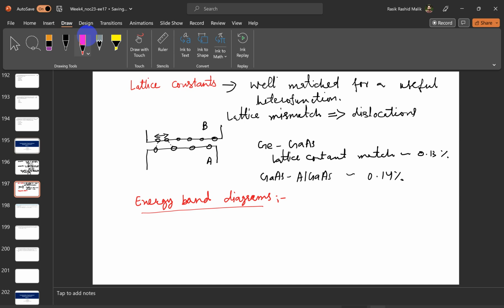So since I was talking about that in a heterojunction we will have a narrow band gap material and a wider band gap material. So we have the case when we have a heterojunction, we have narrower band gap material and we have wider band gap material.